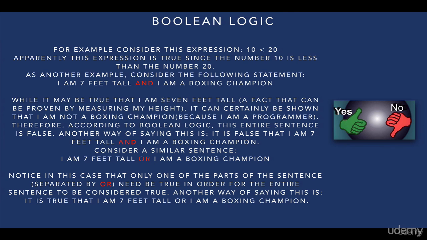This is true, and I am using an AND operator here. And as you can see, the second part of the statement, I am a boxing champion, is false. Whenever you're using an AND operator in a statement, the two parts of the statement must be true, okay? So in this case, the second part of the statement is false, so the entire statement is false.